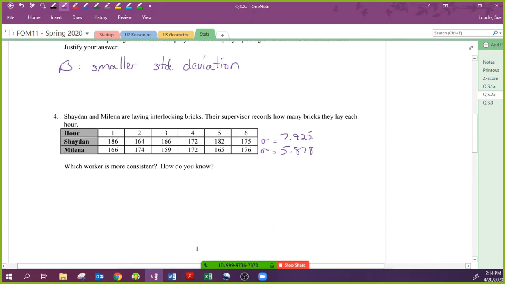And again, some people used S, and that's not what we're using. S is for a sample population, and this is all of the data that we have. This is all that they did for that day. So who's more consistent, and how do you know? It's Melina. And again, the reason is that she has a smaller standard deviation.